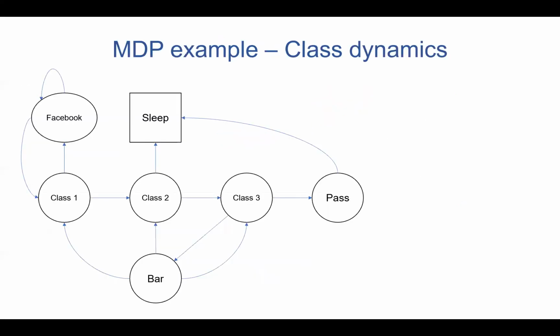So we looked at the class dynamics MDP example. You can choose a certain action. In the last class, we had this very simple class dynamics example where you can start with class 1. If you are interested in this specific module, you can go to class 2, then class 3, and then you can pass.